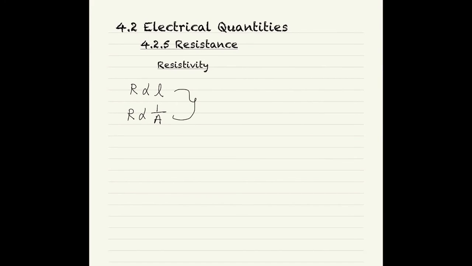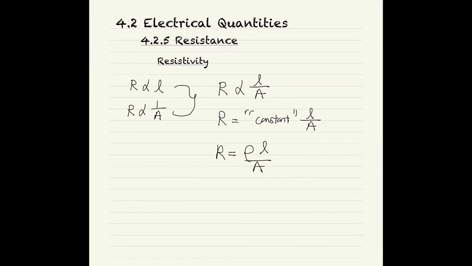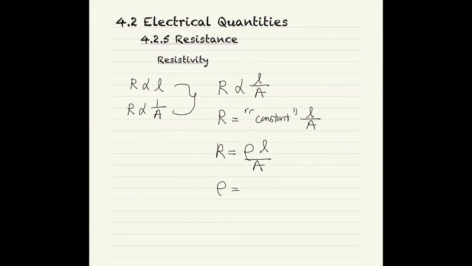When these two relationships combine together, R is directly proportional to L over A. When changed to equation, R equal to constant times L over A. This constant will be rho, so R equal to rho L over A. Then when we rearrange this formula, rho will become equal to RA over L.